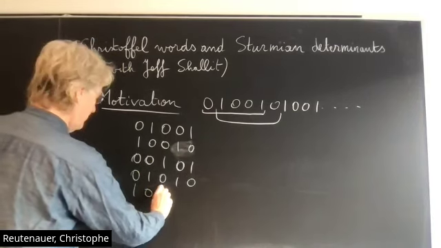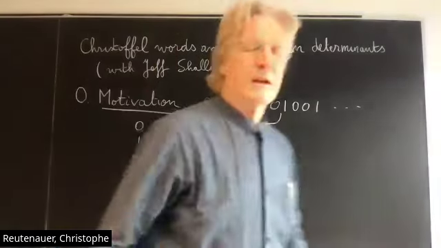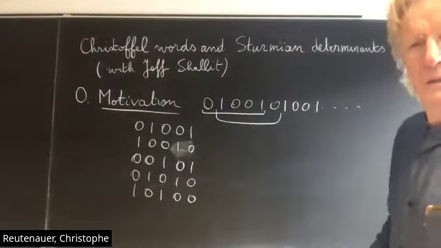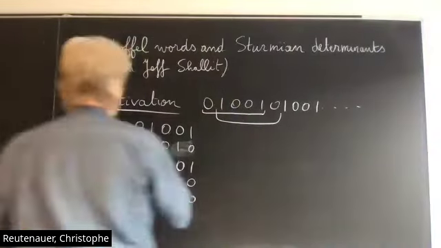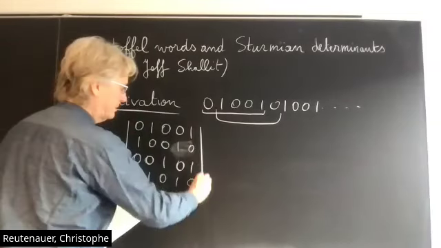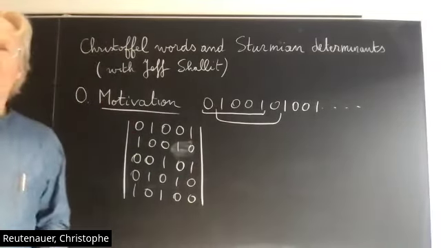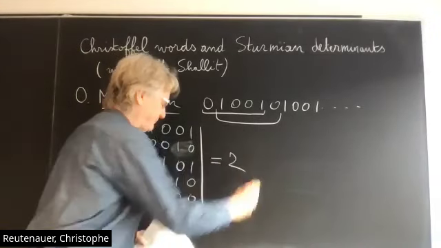I take the first five, and we know that there are 6 factors of length 5. This gives me a table, which is a matrix. And you can see it as a matrix and as a determinant. You can compute the determinant and you obtain 2.